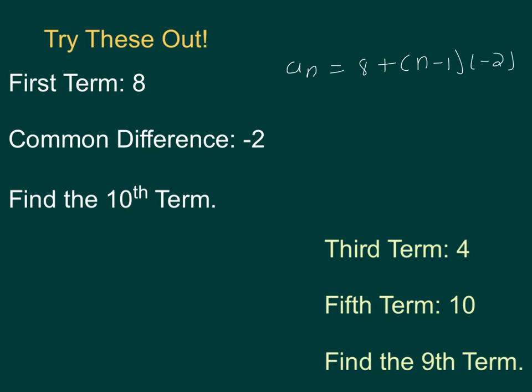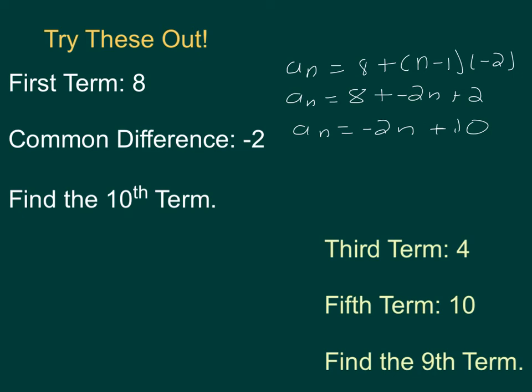I'll now distribute the negative 2, so a sub n equals 8 plus negative 2n plus 2. And then just rearranging this, I get negative 2n plus 10. And I think you'll find that actually looks a lot like slope-intercept form. Not surprising, since arithmetic sequences really look a lot like lines.